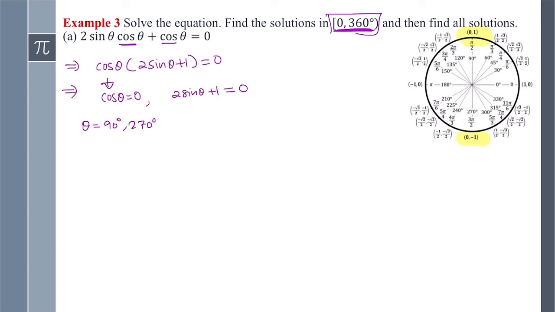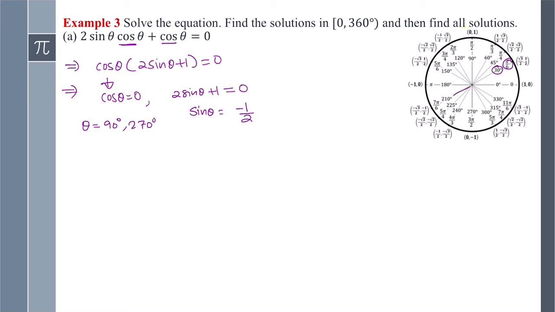Now from the second equation, we get sine theta equals, we subtract 1 and then divide by 2, so we get negative 1/2. We know that sine theta is negative in the third and the fourth quadrant. But we know that sine theta is 1/2 when theta is pi over 6 or 30 degrees.